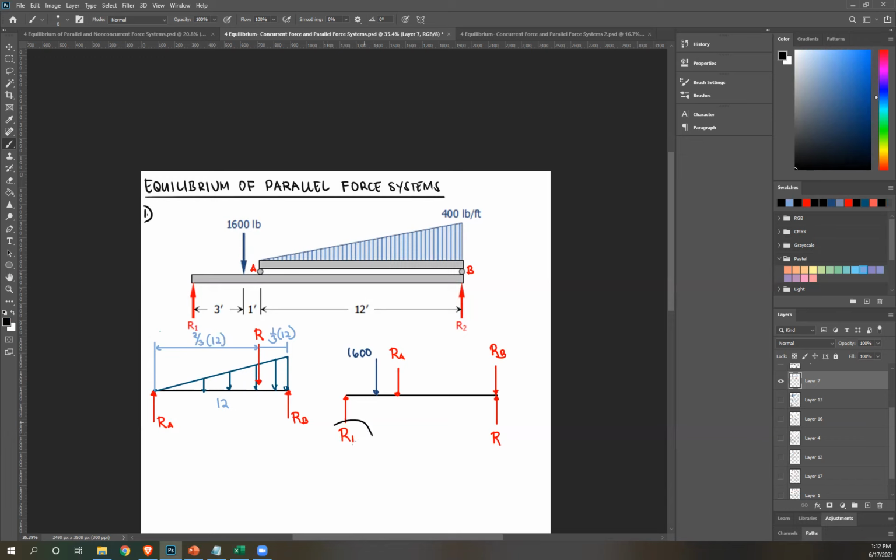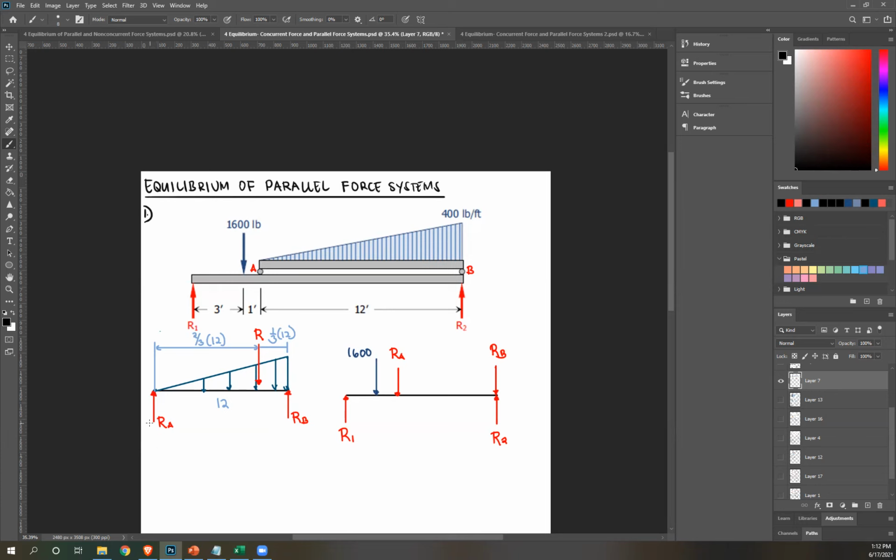I need to solve for A and B to solve for R1 and R2. So let's begin. Okay, so to solve for A, similar to what you did with parallel forces, we use moment. You can use moment about any of the supports, because remember, if a force passes through your moment center, it's not included in the equation.